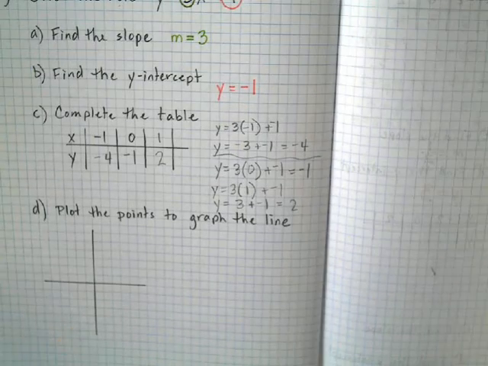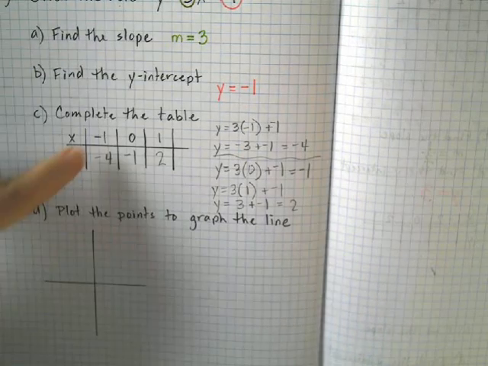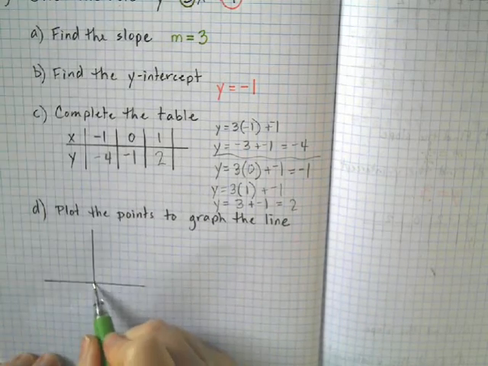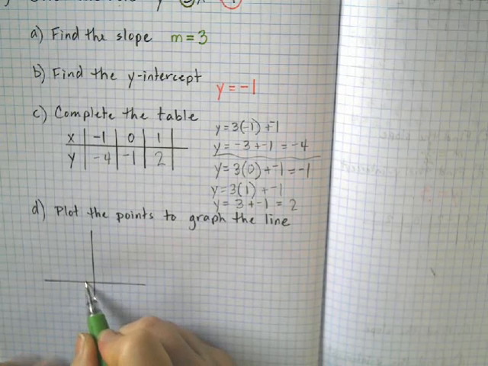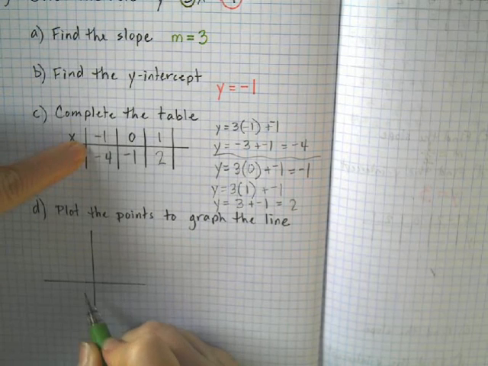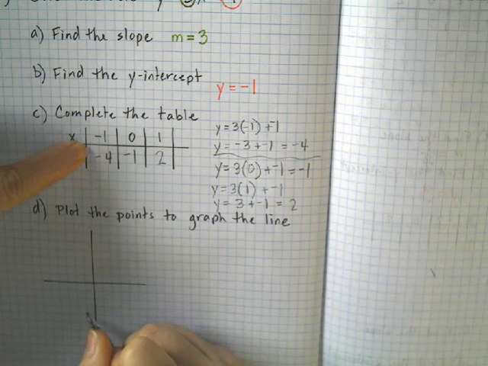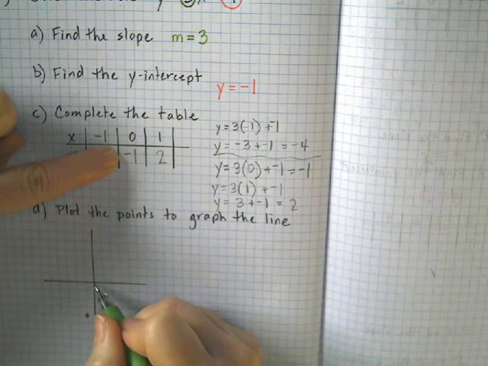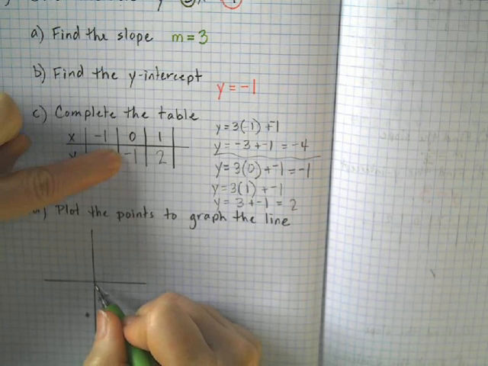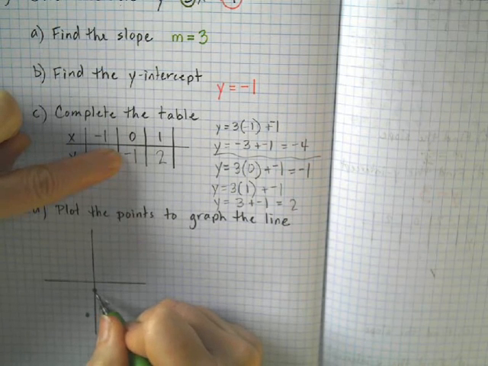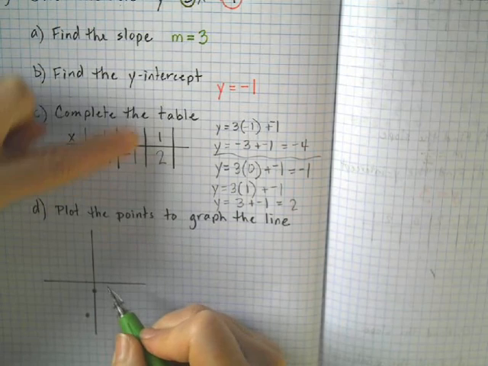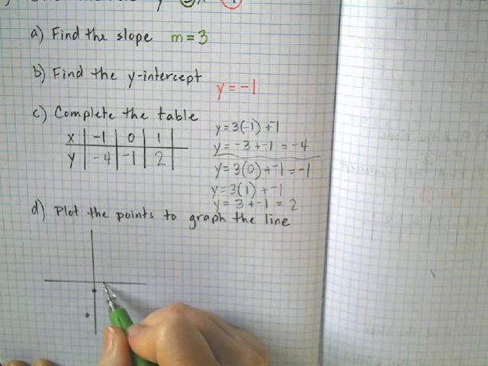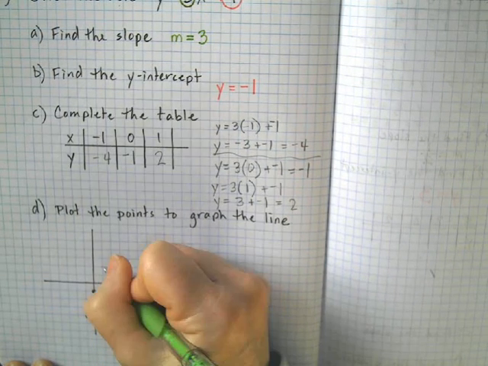The first point is negative 1, negative 4. So negative 1, I go to the left 1, and then down 4. 1, 2, 3, 4. The next one is 0, negative 1. 0, and then I go down 1, right there on the line. And then the next one is 1 and 2. So 1 to the right, and then up 2.